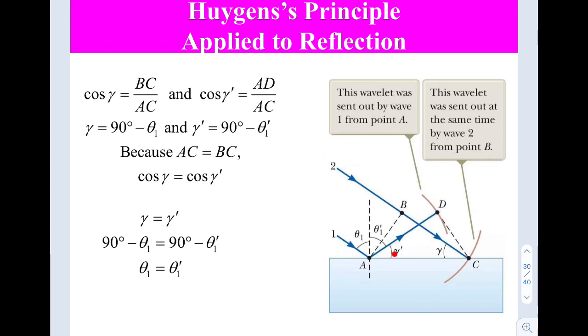At the same time, the wave at B emits a Huygens wavelet, the light brown arc passing through point C here, with the incident light making an angle of gamma from the surface.